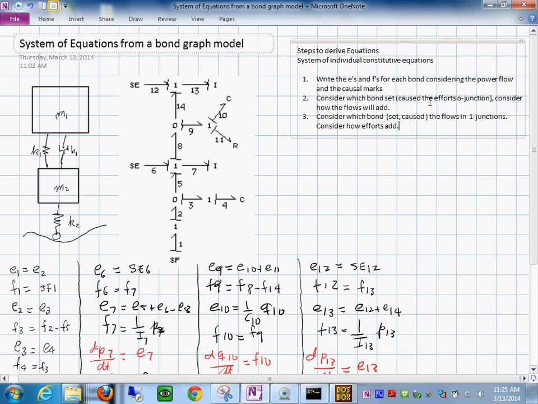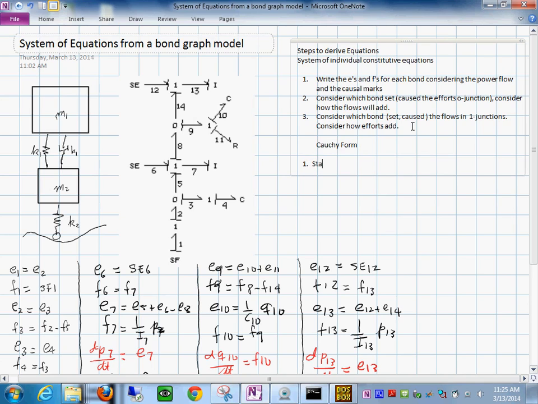Okay. So now we have 4 equations, and we have done this first set, considering the system of individual constitutive equations. And to do the Cauchy form, what are the steps we need to do for that?